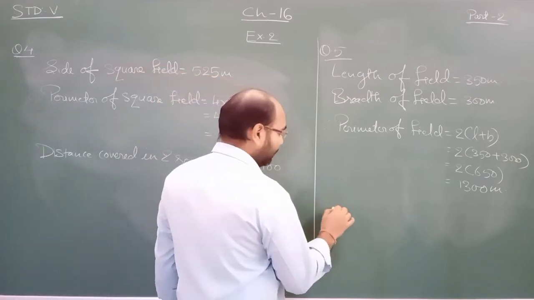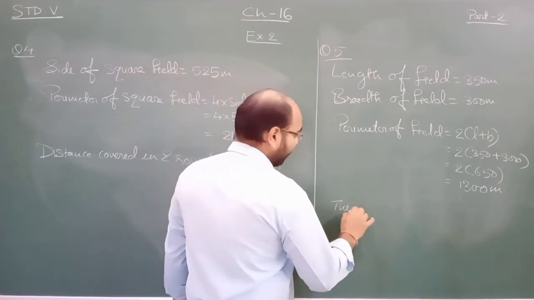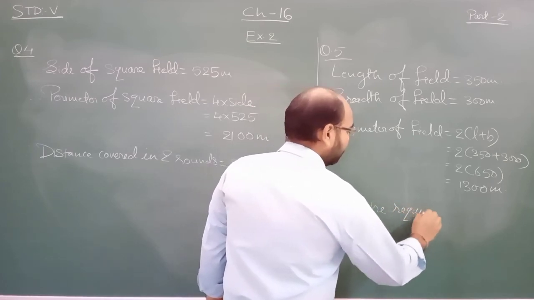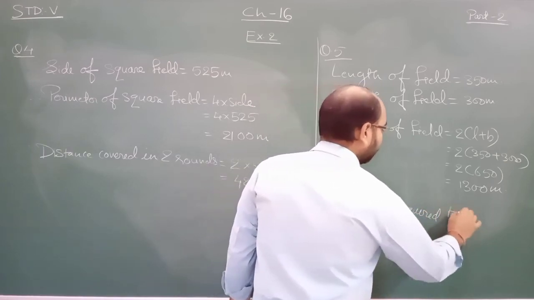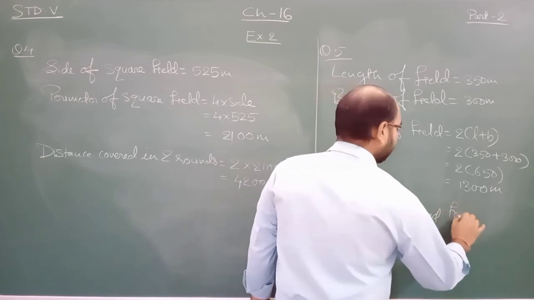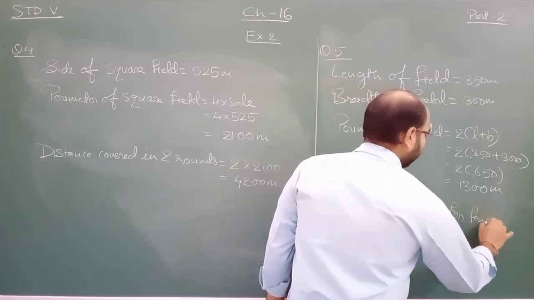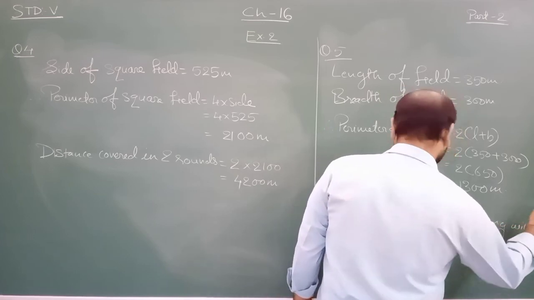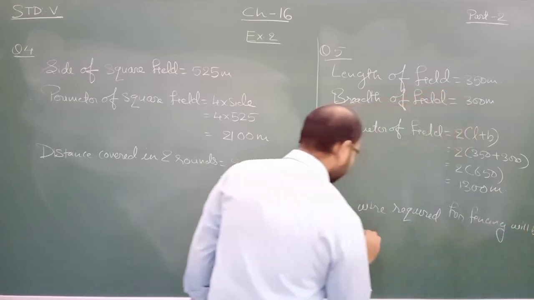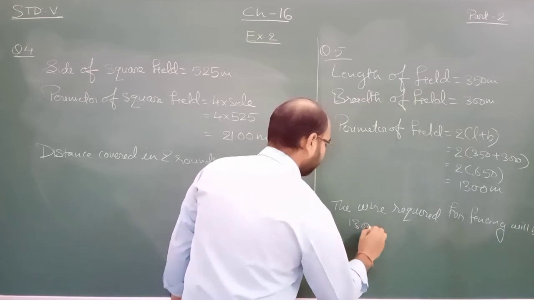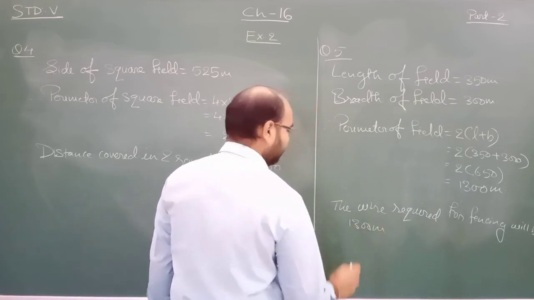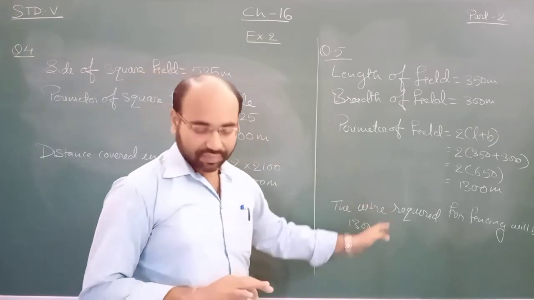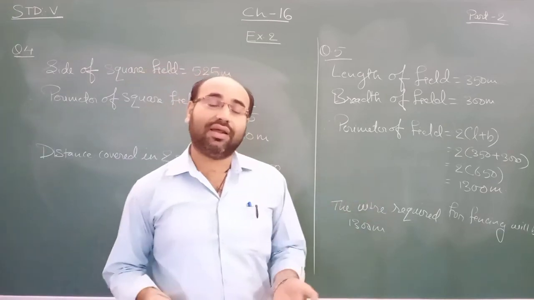So therefore we will write down the wire required for fencing will be 1300 meter.